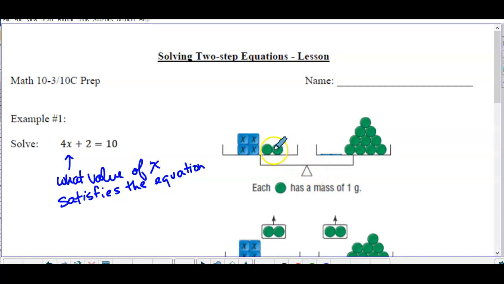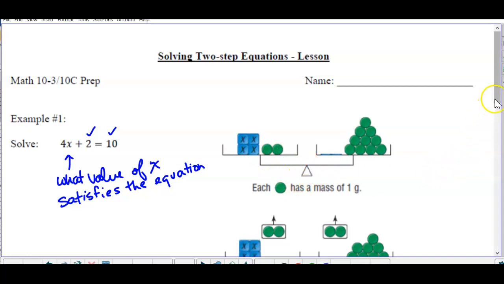Okay, so these we know are ones, so 1 plus 1 is 2. Here there's 4 plus 3 is 7 plus 3 is 10. So there are 10 here. So that's your 2, that's your 10. We don't know what this is. There's 4 x's. We have to figure out what it is so that this scale doesn't tip over, right? If the x's aren't the correct value, then it wouldn't actually be balanced.